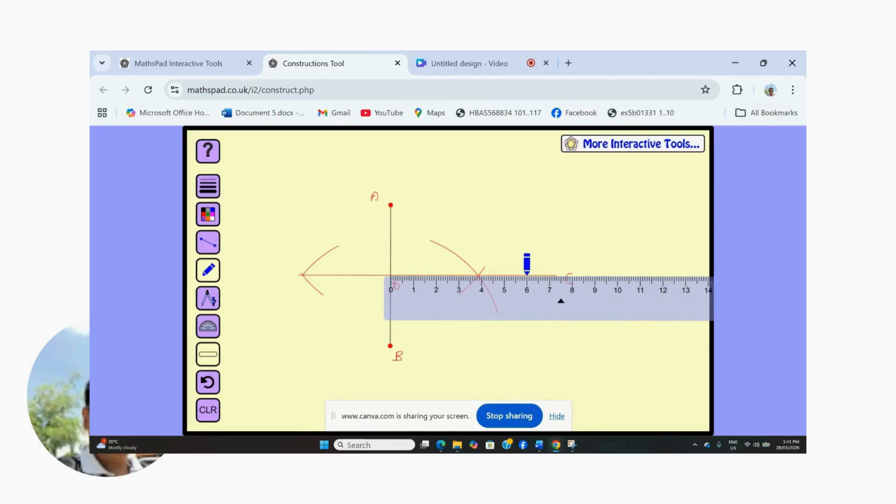In second step, we should locate focus. Here focus is given, that is OF is given.